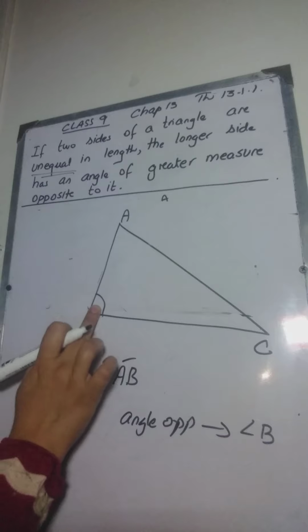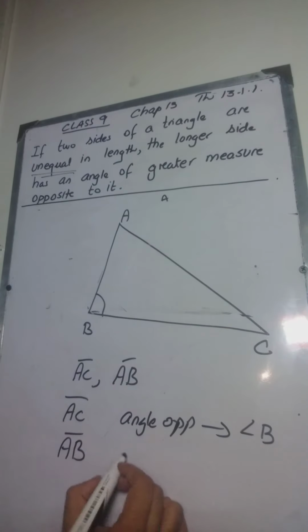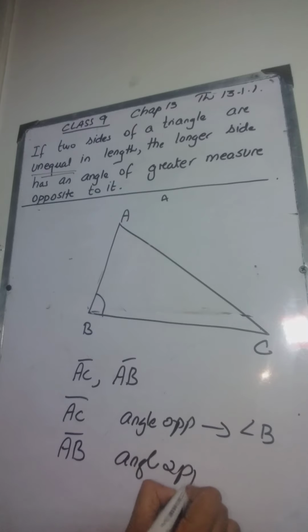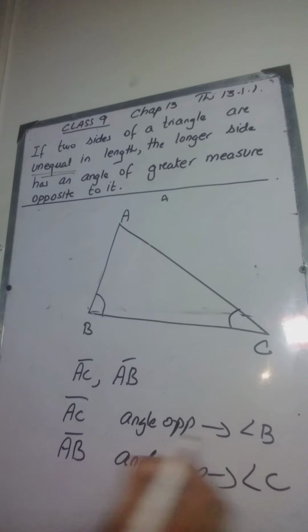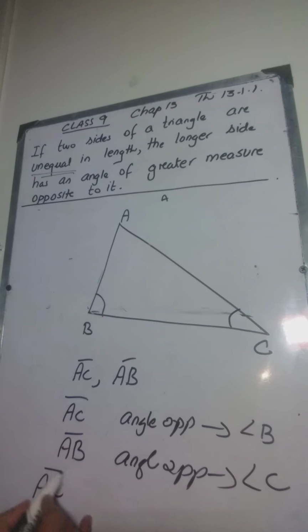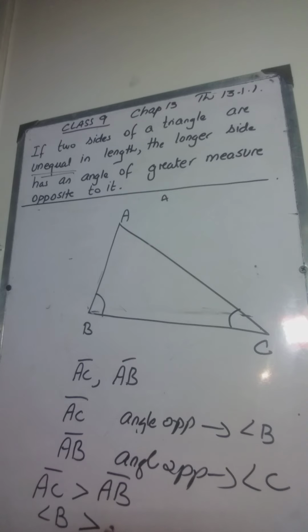And the angle opposite to AB is angle C. Then if AC is greater than AB, this side is longer and this side is shorter, then the angle opposite to this side, angle B, will also be greater than angle C, because angle C is opposite to the shorter side and angle B is opposite to the longer side.